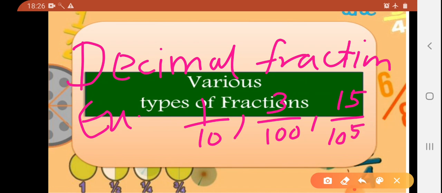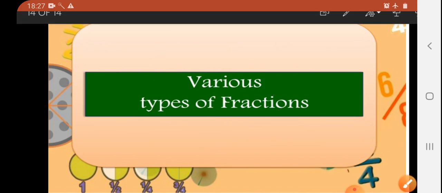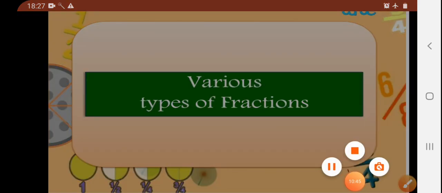These all are decimal fractions. Here the denominator is 10 or a higher power of 10: here the denominator is 10, here it is 100, which is a power of 10, and here it is 10 to the power 5. In the next video we will discuss decimal fractions in detail.